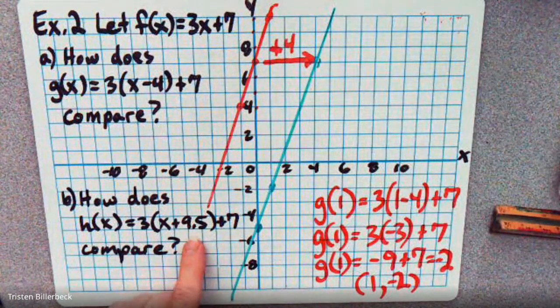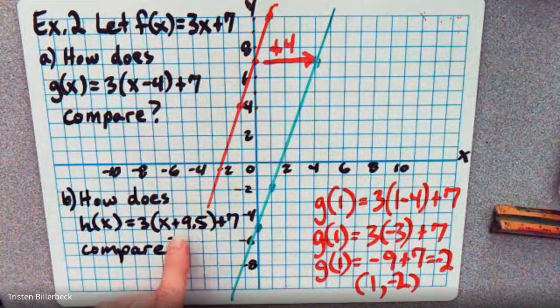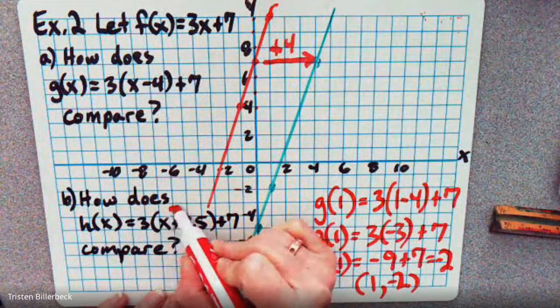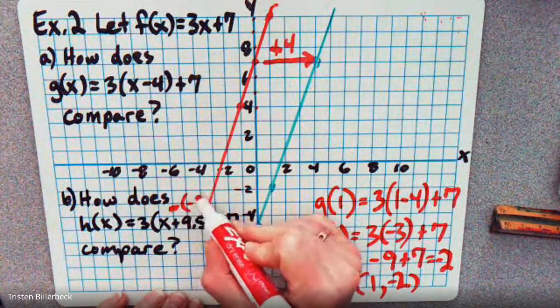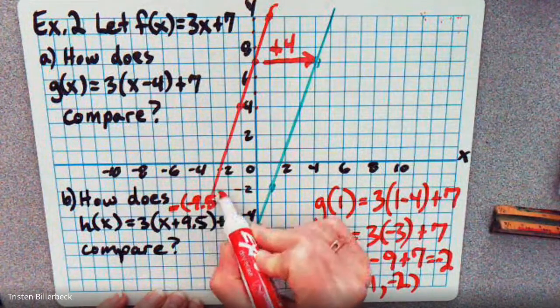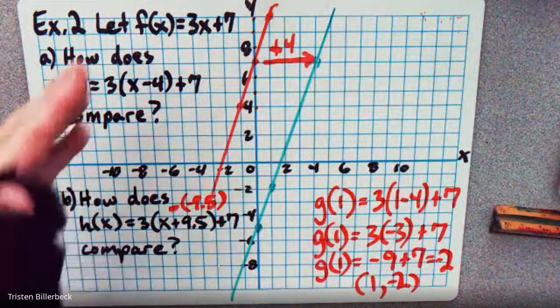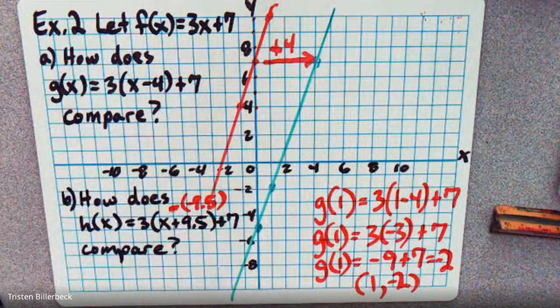Okay, so we would expect this one to shift, but since there's a plus 9.5 going on right here, we're going to expect this one to shift way over into the problem over here. So we'll have to be very careful how we draw that line.